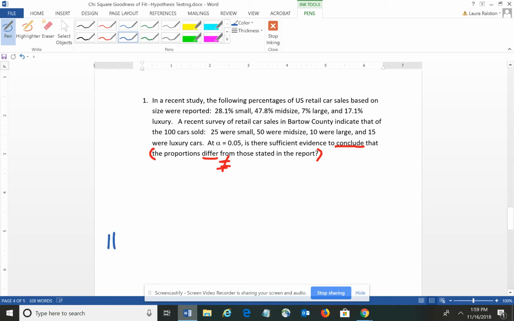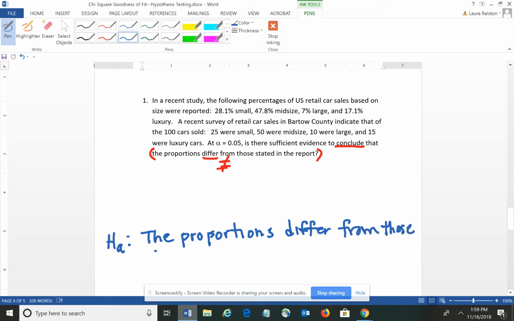So our alternative hypothesis could be written as a sentence: the proportions differ from those stated in the report. If they differ, remember that implies that they're not equal.